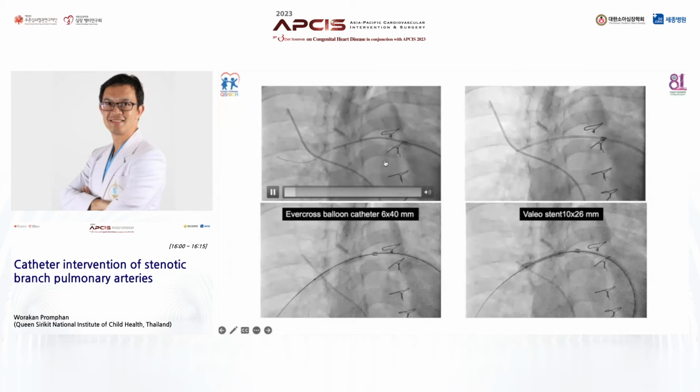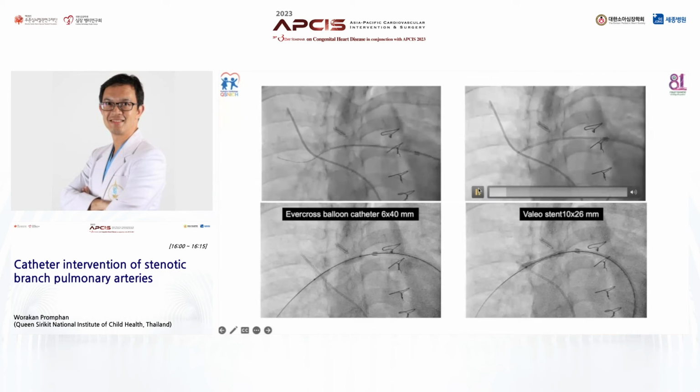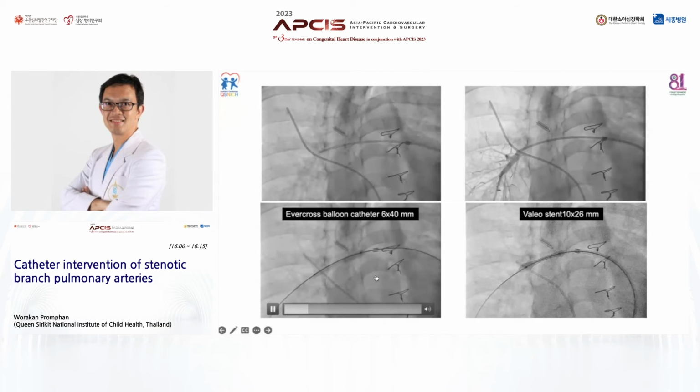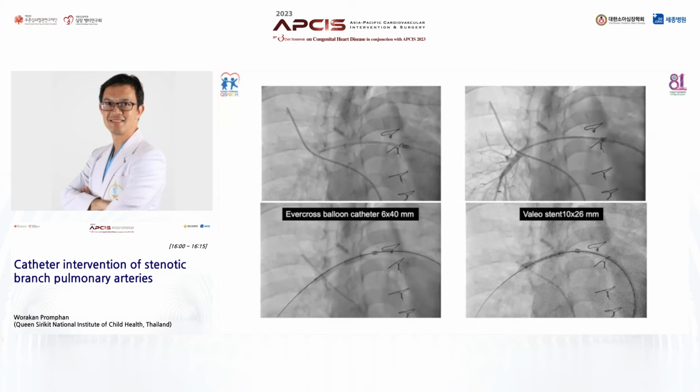After that, you can advance a straight catheter over the guide wire, reconfirm again with this catheter that you are inside the pulmonary artery, and serially dilate with a small balloon.